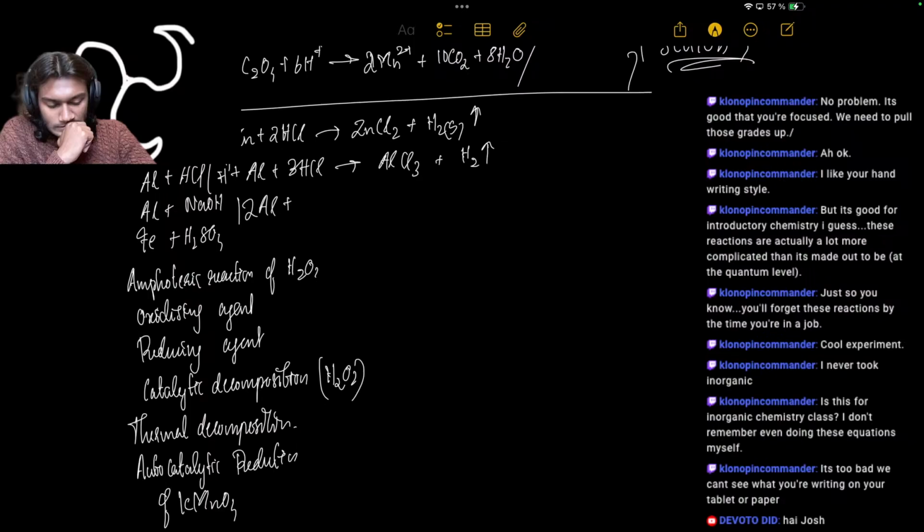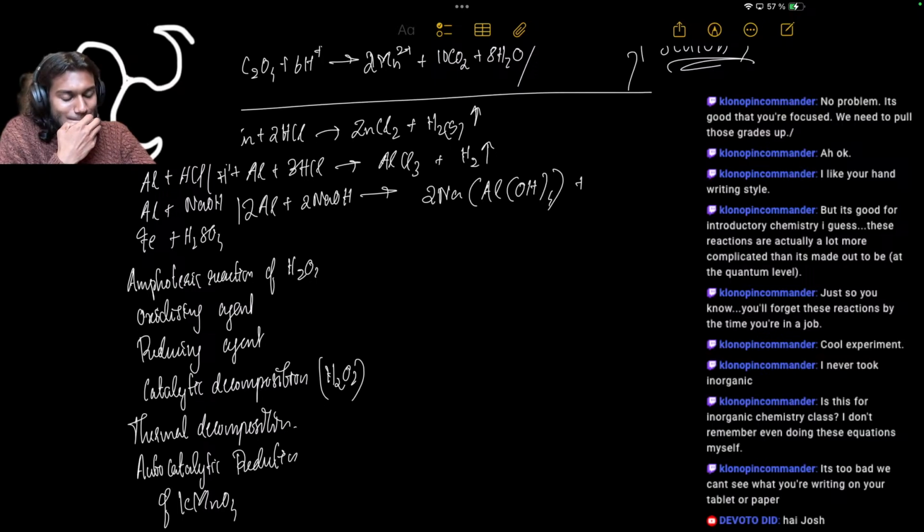2Al plus 2NaOH times 4 plus, goddamn it, I forgot. We got 8 oxygen.